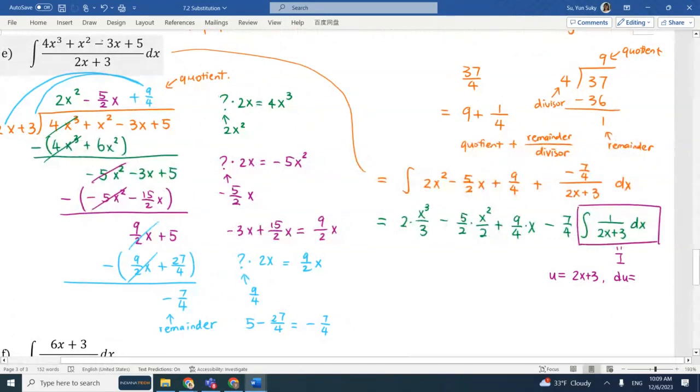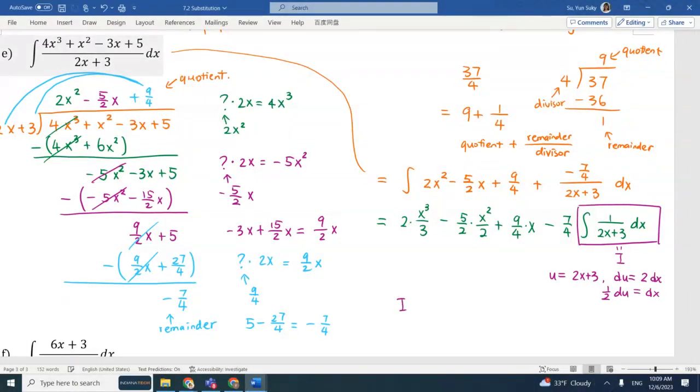The derivative is 2 dx. Don't forget the dx. Dx is like our baby. Don't forget the baby in the mall. Now we have du equals 2 dx, but we don't have 2 dx, we have dx. So that is how many du? Half du.